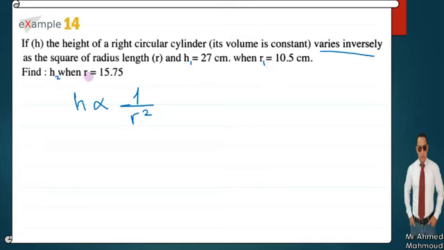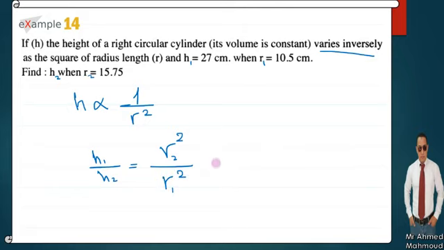Find h2 where r2 equals 15.75. Here h1 over h2 equals r2 to the power of 2 over r1 to the power of 2.